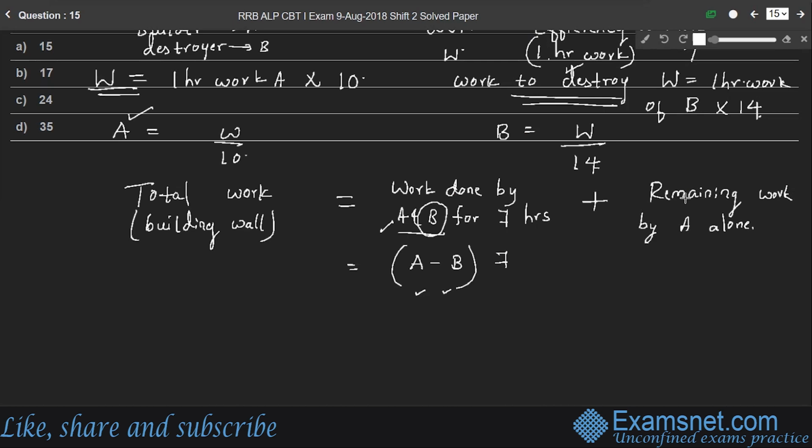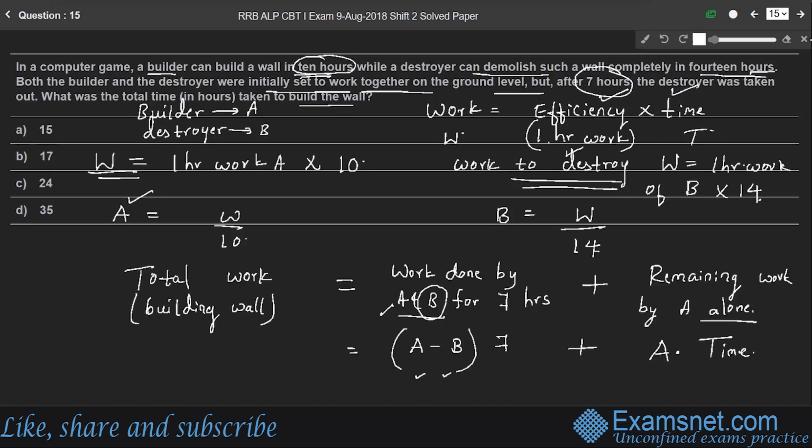Therefore, A minus B, plus the remaining work done by A alone, is equal to the efficiency of A into the time taken by him. In how many hours does A complete the remaining part of the work? First, we need to consider that. Finally, we are going to find the total time taken to build the wall.